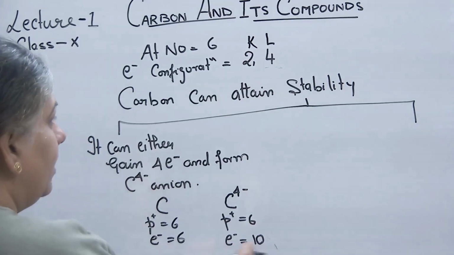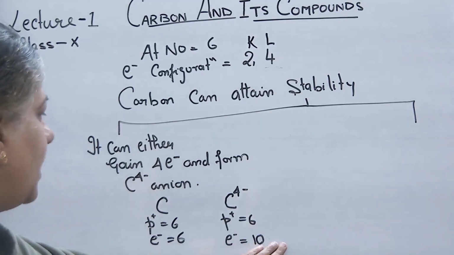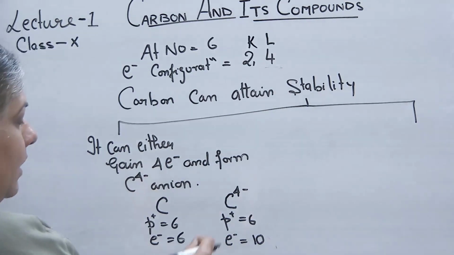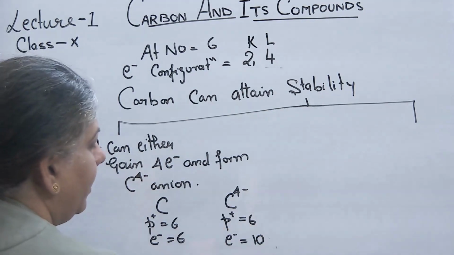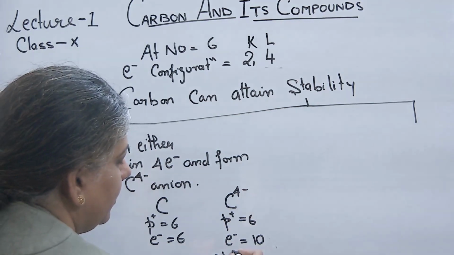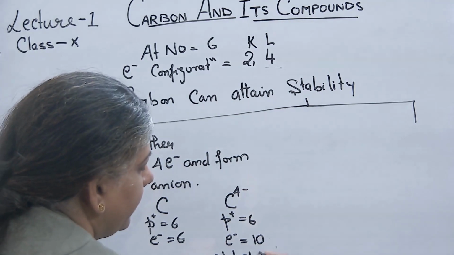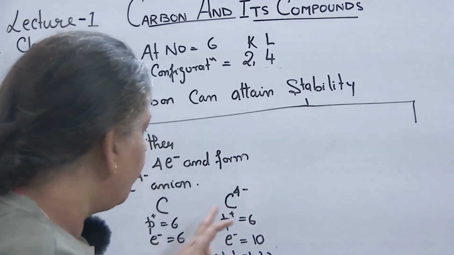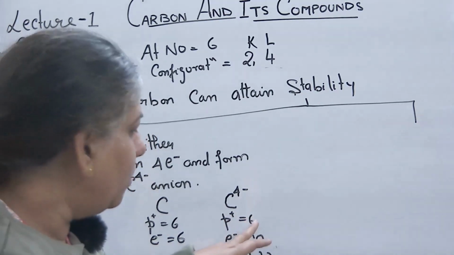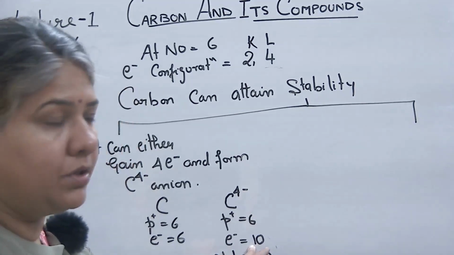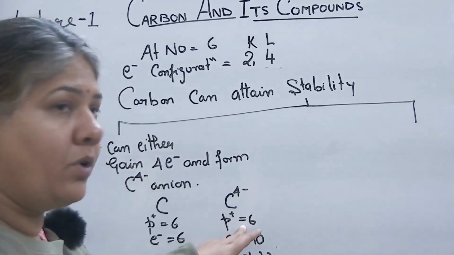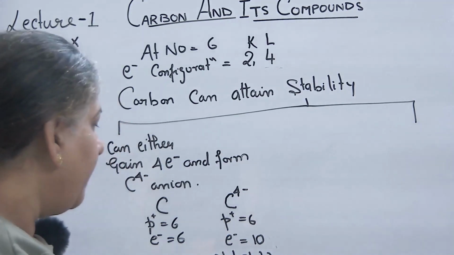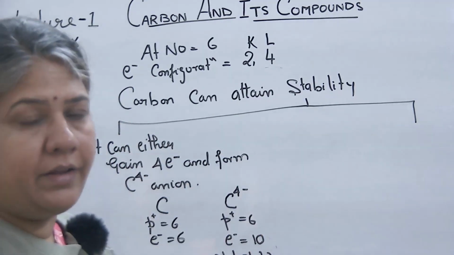So the total number of electrons now is 10, 6 plus 4. This anion will not be stable. Why? Because it will be difficult for 6 protons to hold on to 10 electrons. There are too many electrons. So hence the C4 anion is never formed.